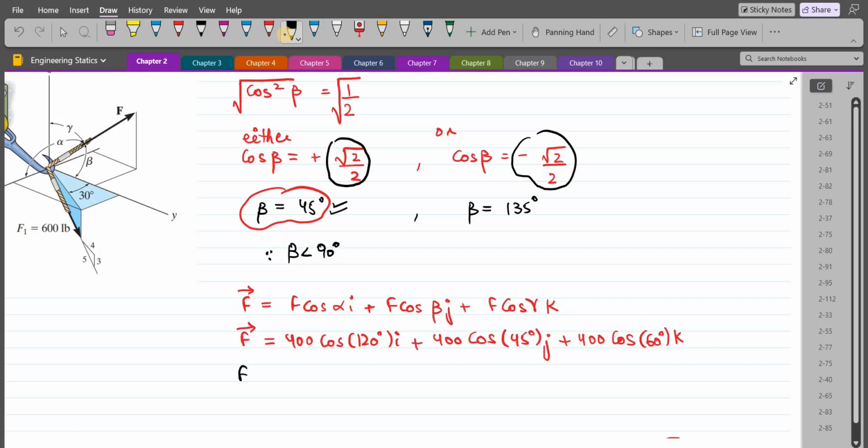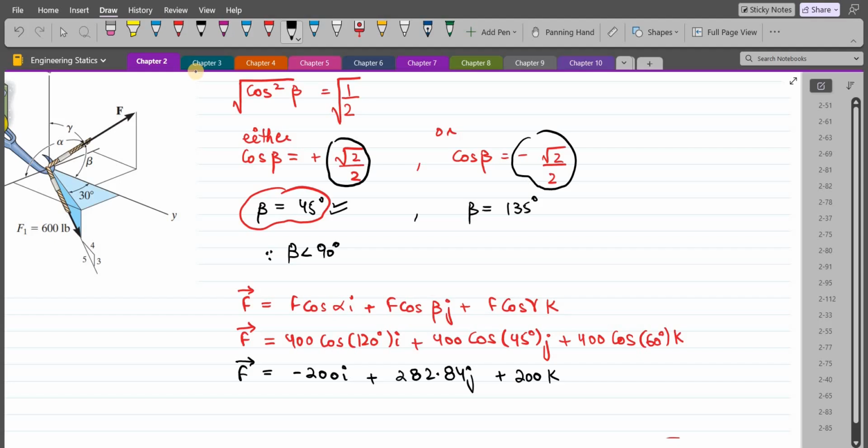Upon further simplification, F becomes negative 200 i plus 282.84 j plus 200 k.